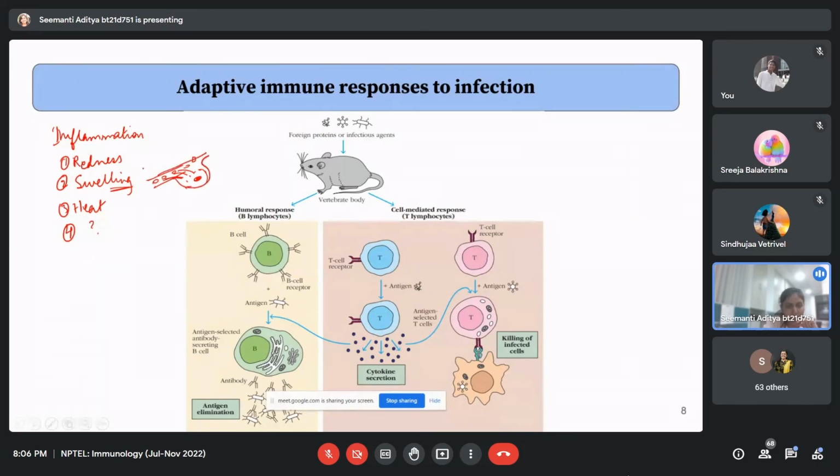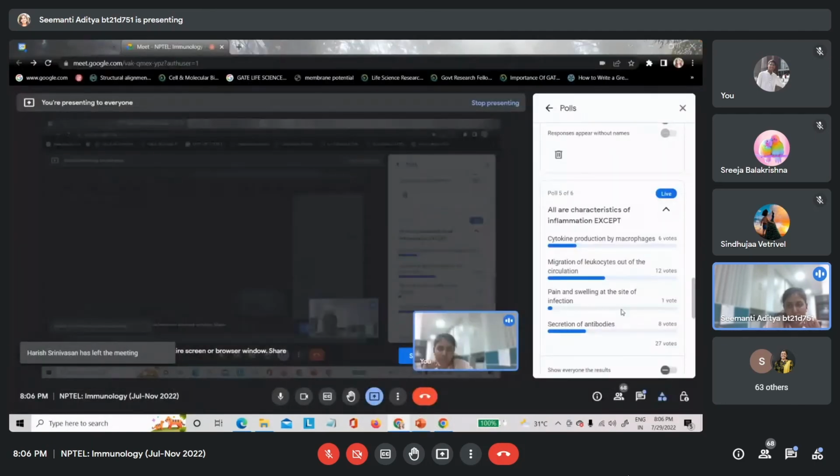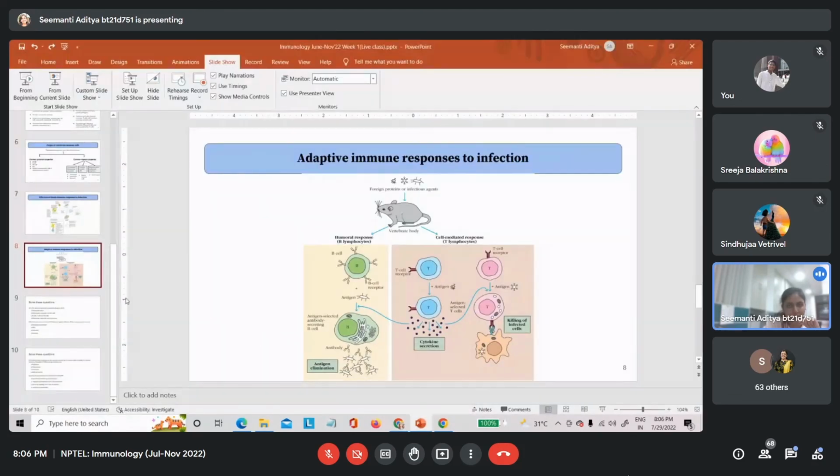So migration of leukocytes is actually a characteristic of inflammation, out of the circulation. Pain, basically, is also associated with inflammation.